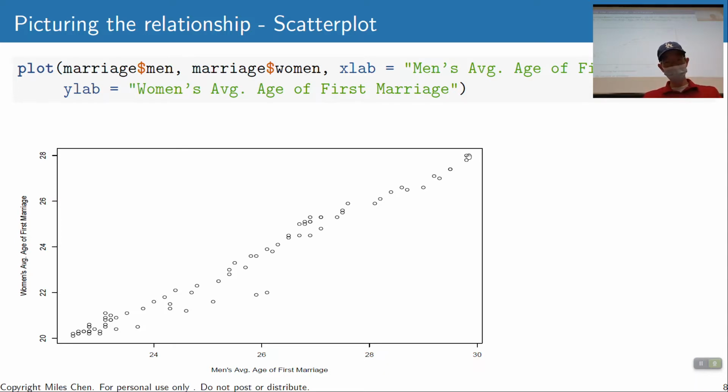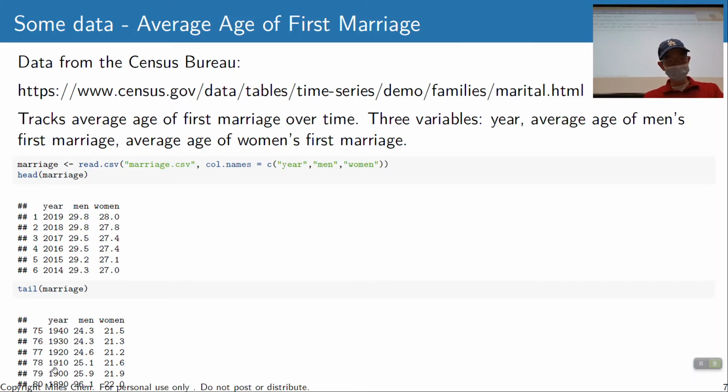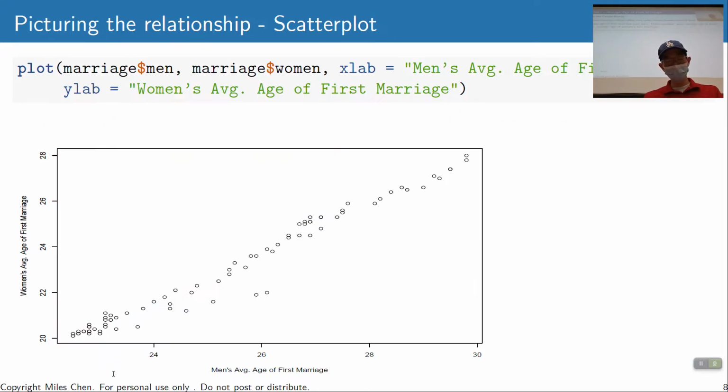I think this one is 2019, and some of these over here were like 1890. So let's see, 1900: 25.9, 21.9. I think it's this dot right here. So that was the year 1900. Each of these dots represents a different year.